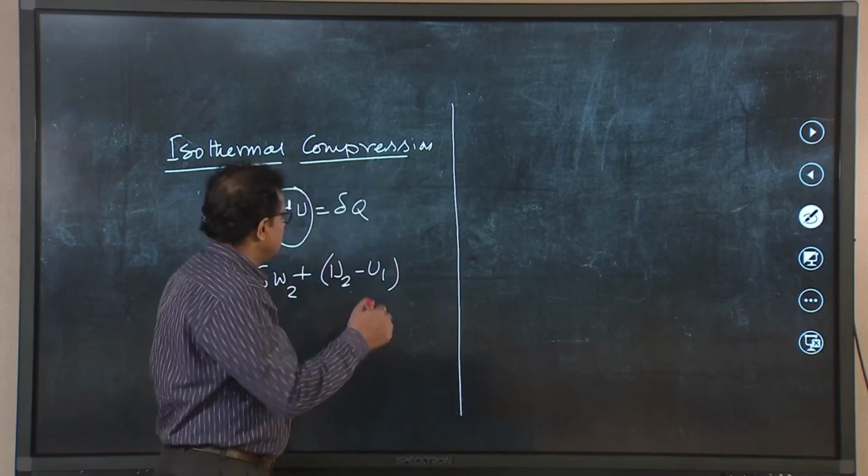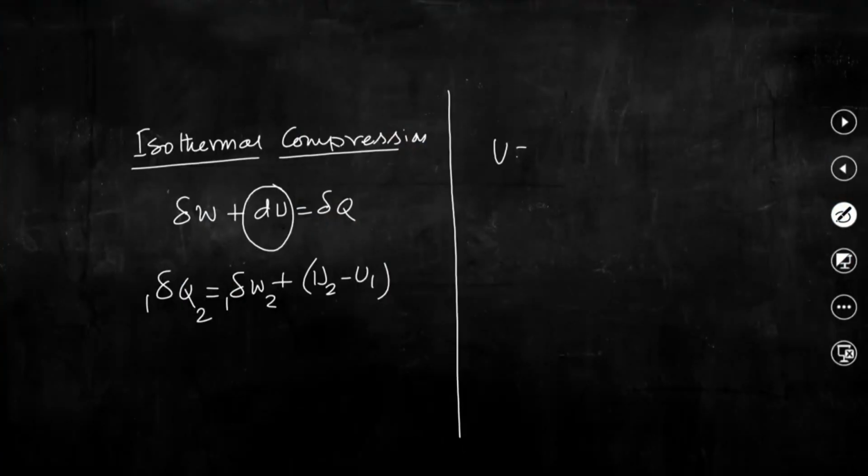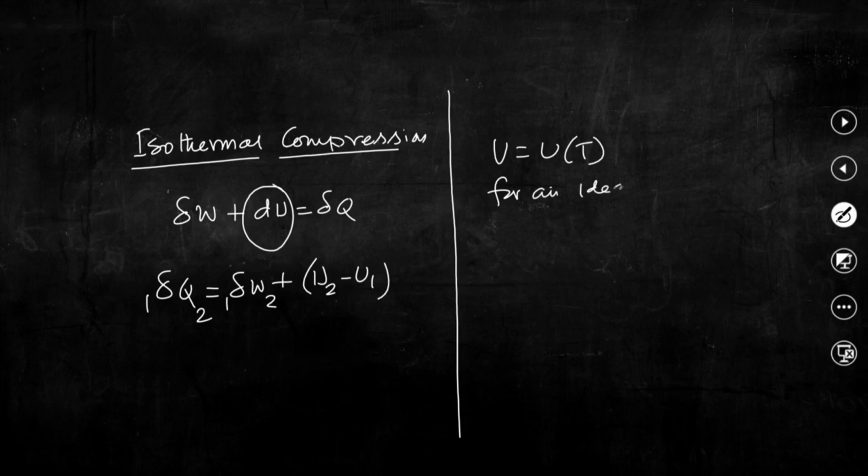So, U equals a function of temperature only for an ideal gas, and we can see that the temperature is remaining constant during the compression process. Hence, we can write del Q equal to del W.